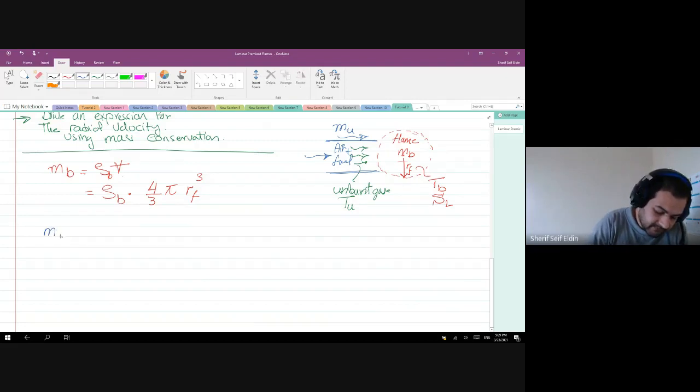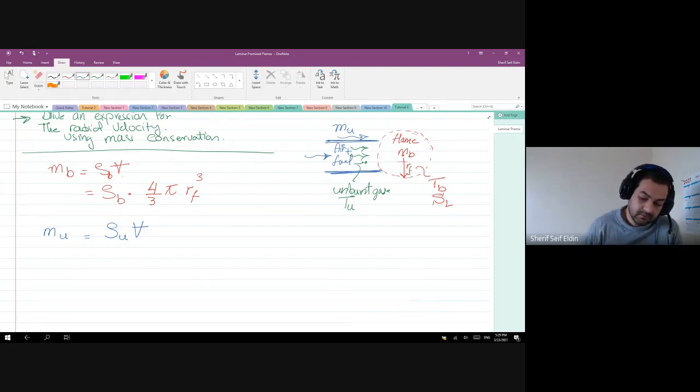The mass of the unburned gases is rho unburned gases multiplied by the volume.